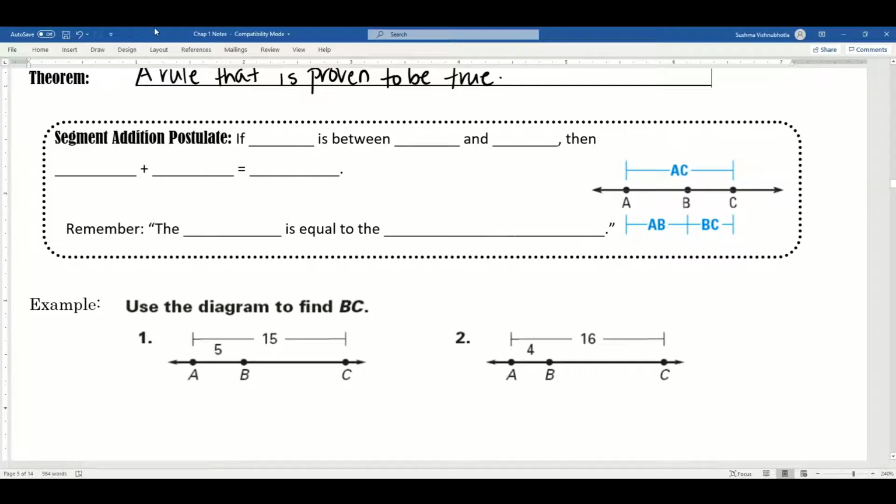So remember, if I just write the letter with nothing around it, I'm referring to point B. So if point B is between A and C, then segment AB plus segment BC is equal to segment AC.